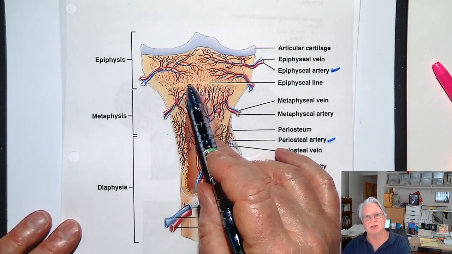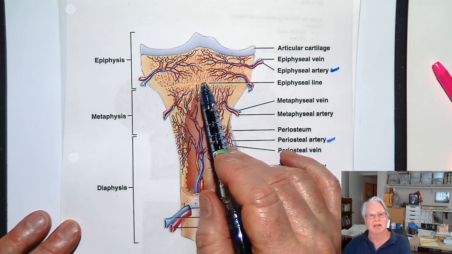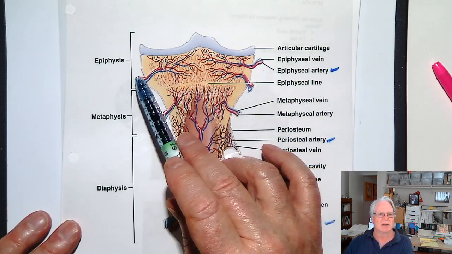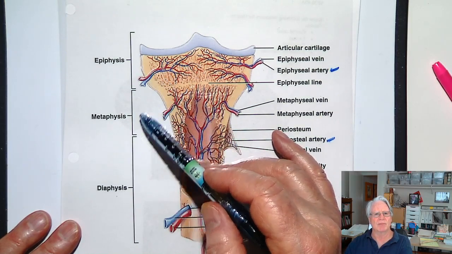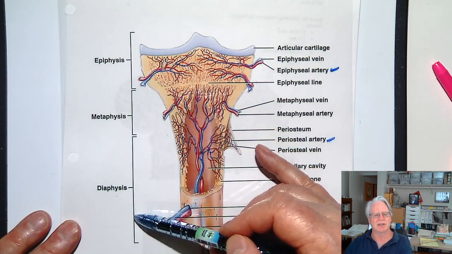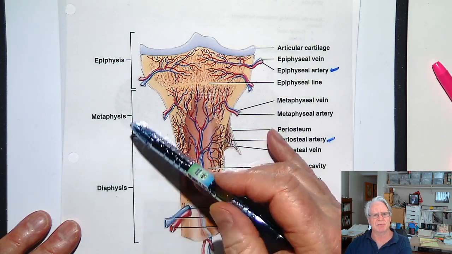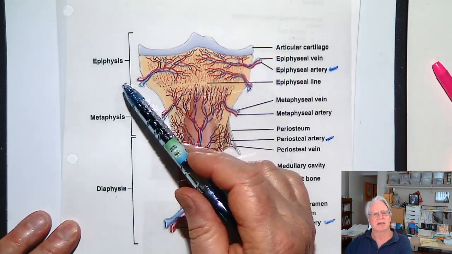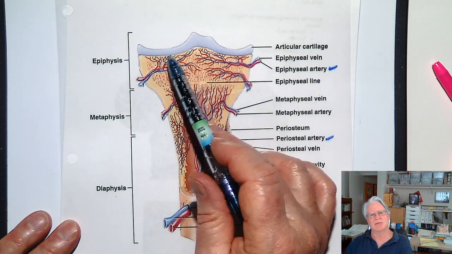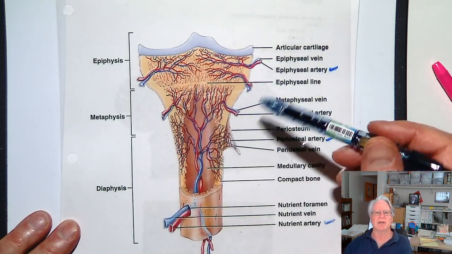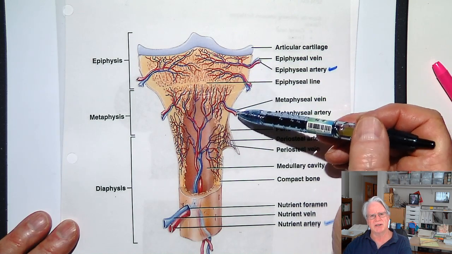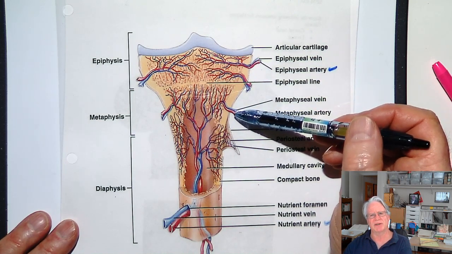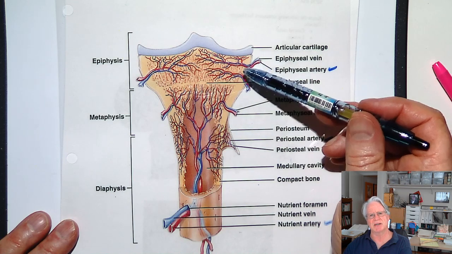Here's my epiphyseal line. And so we have the top portion, the middle section, and the long section: the epiphysis, metaphysis, and diaphysis. All of that is being indicated here. And for each of those areas, we have blood vessels entering the bone, and veins leaving at the same time.